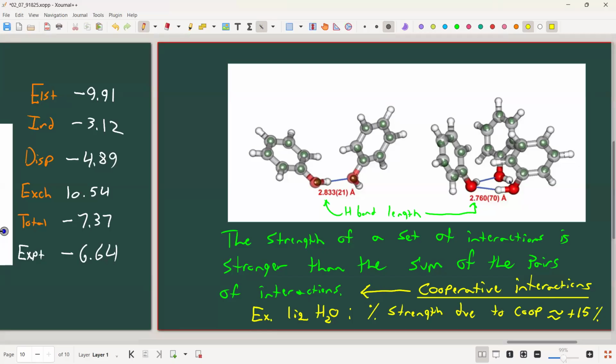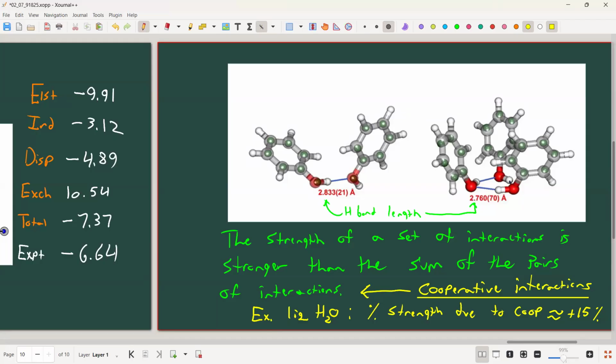So having water interact with another one, to create these networks, provides an additional amount of stabilization, more than you would get if you just added the pairs together. That's a lot of energy. So if you have a water dimer and it takes a certain amount of energy to break it, when you go to a trimer, it takes more than 3 times that energy to break all 3 bonds, because there's an additional stabilization that arises from the fact that there are 3.